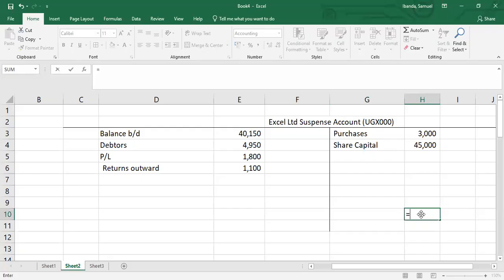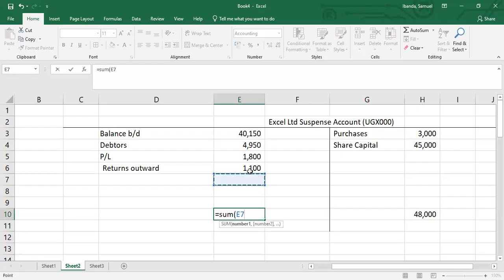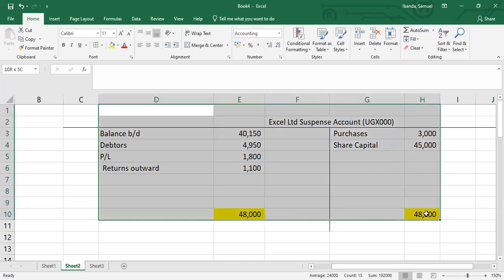So let's add up this side. When you add up, this gives you 48K. And then when you add up here, let's just add up and see. This also gives you 48,000, okay? So what this 48,000 means, balancing off here, it means that you've done away with your what?